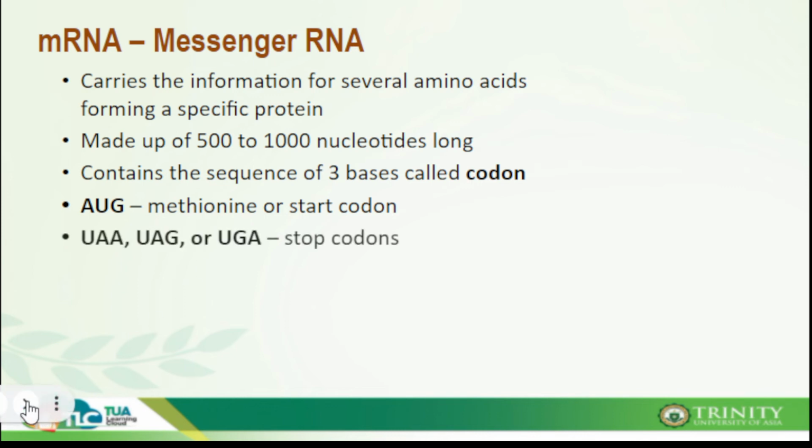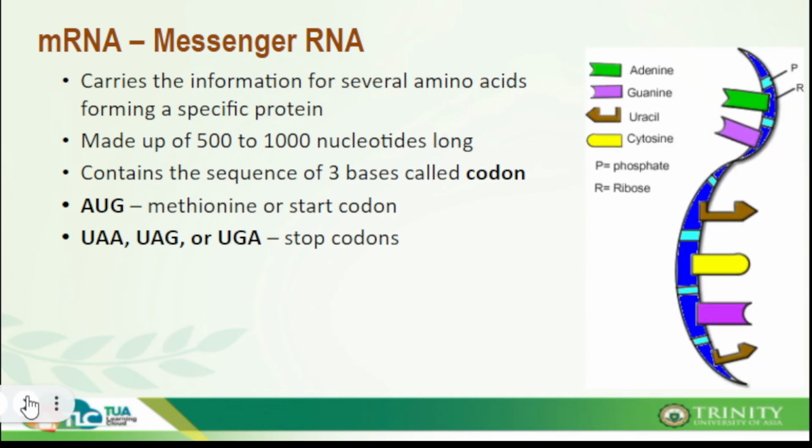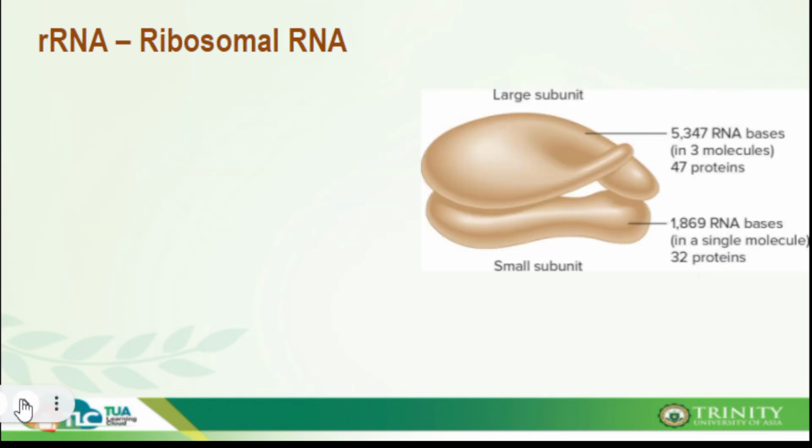And we also have stop codons. That's your UAA, UAG, and UGA. Hindi na sila nagko-code for an amino acid. Kasi kapag nabasa sila, stop na kaagad yung production ng protein polypeptide natin. Okay? So, we'll go to discuss this later on during transcription.